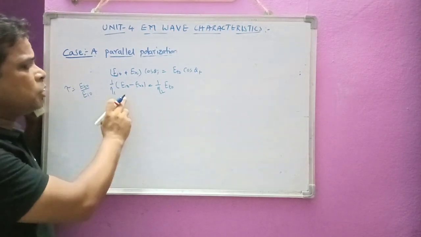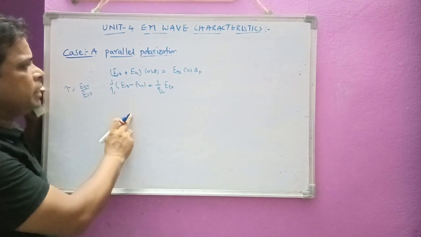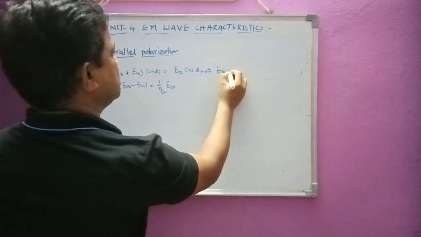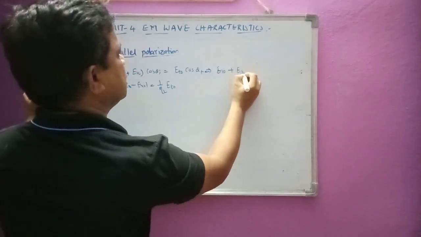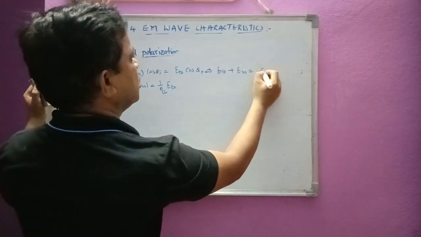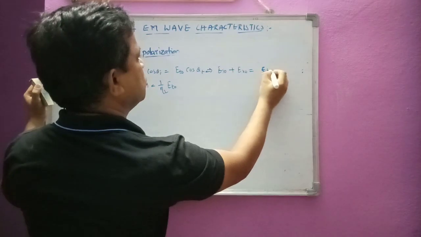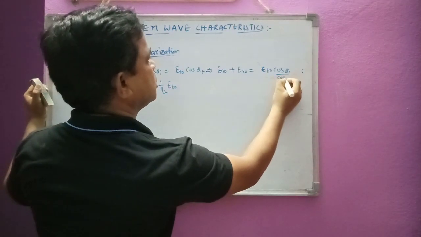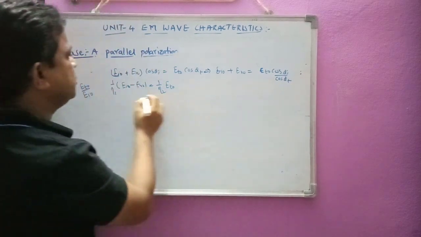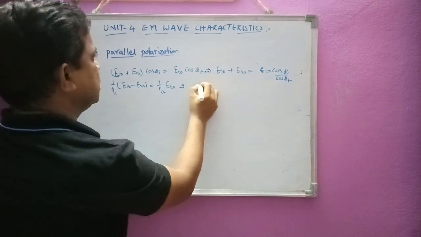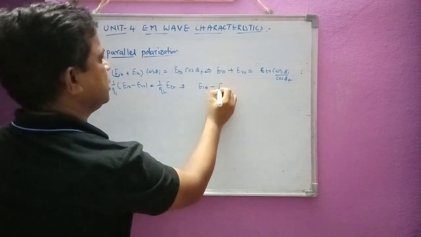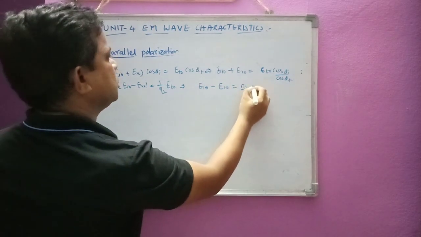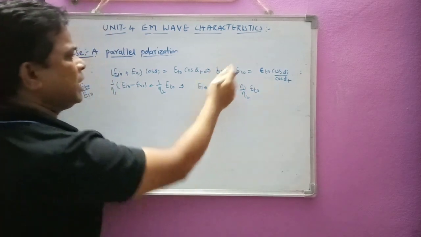In order to do that, I take this equation: EI0 plus ER0 is equal to ET0 cos theta I by cos theta t. And similarly, this equation I change like this: EI0 minus ER0 is equal to eta 1 by eta 2 into ET0. Now I can add these two equations.